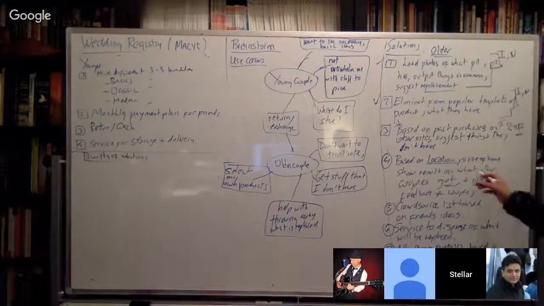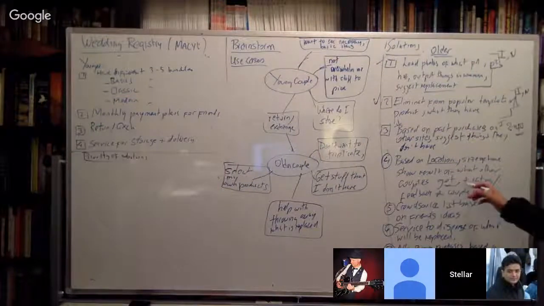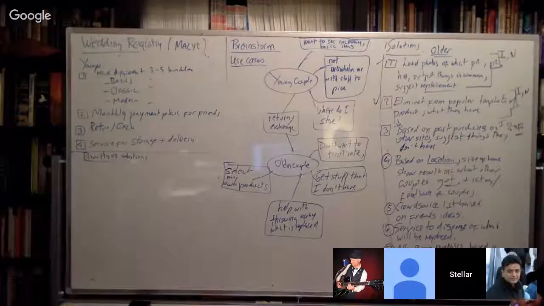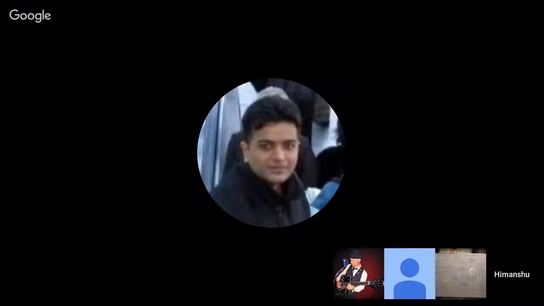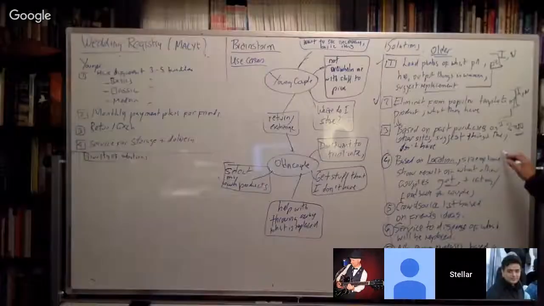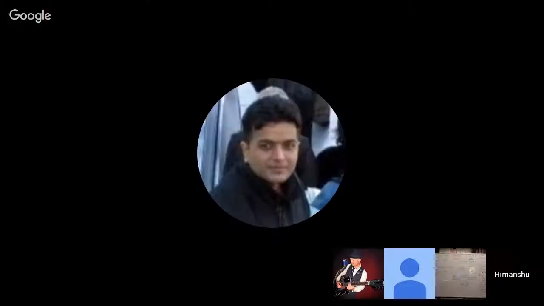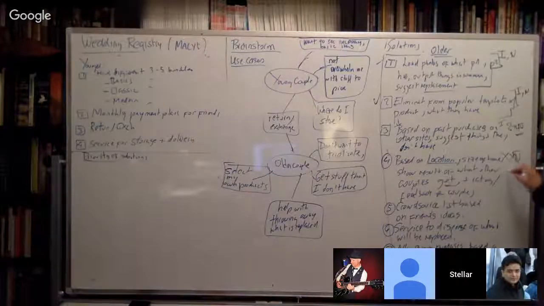I mean, this would be better for young people, but not for older people. What do you think? I think that makes sense. This is just a recommendation, so it looks to me like a feature that you could plug in with the third one, based on past purchases, location. It's not innovative. No, I don't think it's impactful.